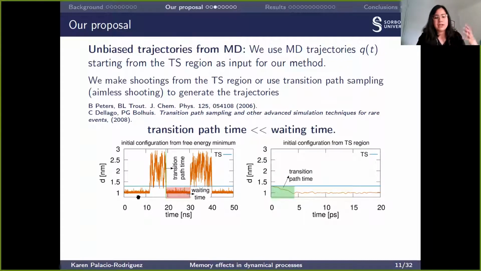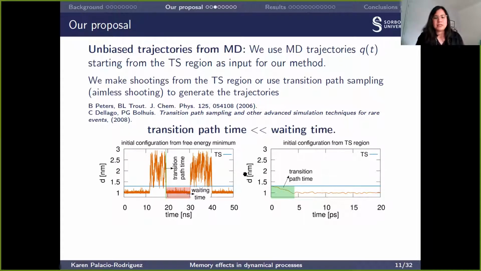You see that with molecular dynamics, we spend most of the time sampling the minima of free energy, but the region that is more interesting for us, the region of the barrier, is less explored because you have a waiting time that is much larger than the transition path time.